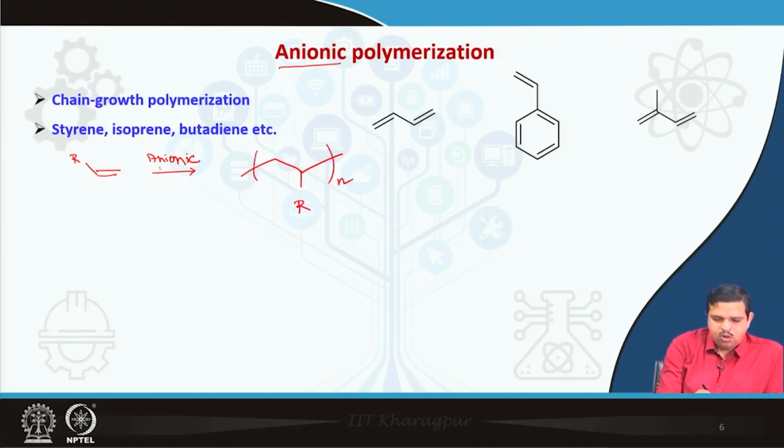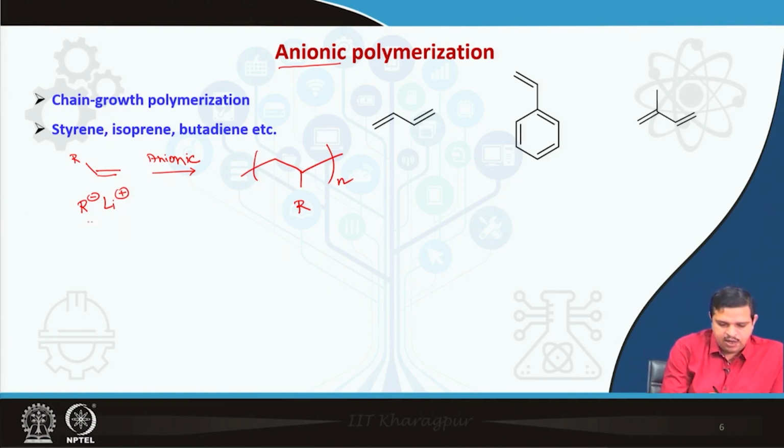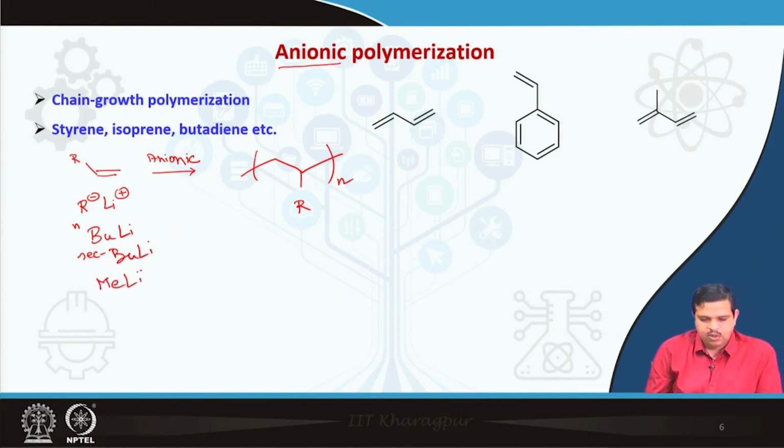Now, let us see how we do the anionic polymerization. You have to take an initiator like this one. You know that this is RLi. This is the organometallic reagent, and this RLi may be butyl lithium, may be secondary butyl lithium. In some cases we can take methyl lithium.